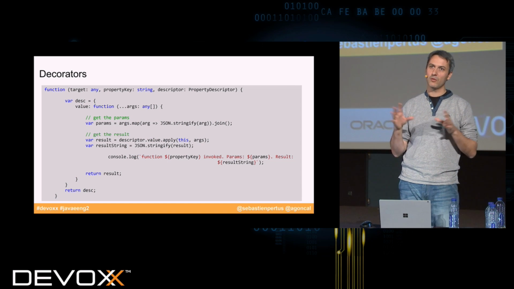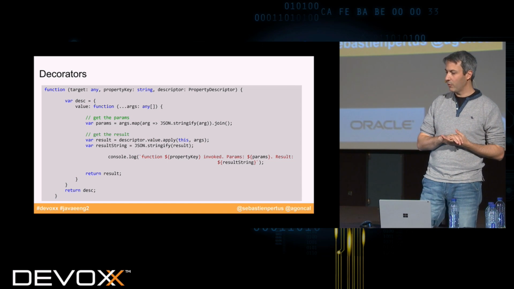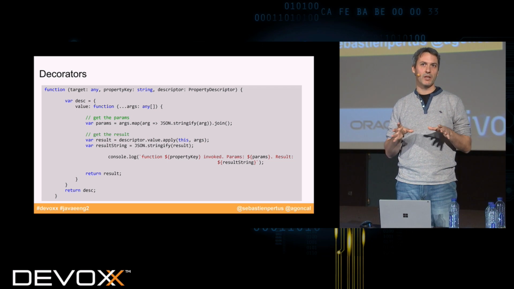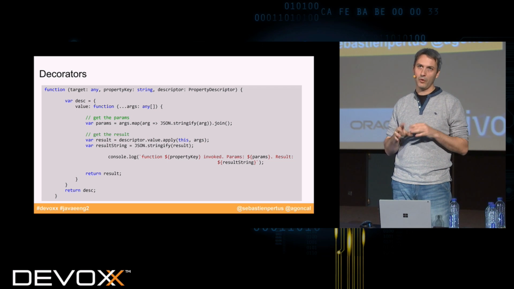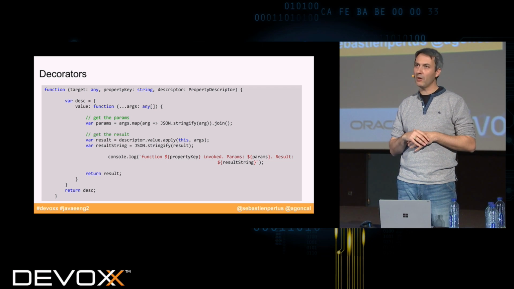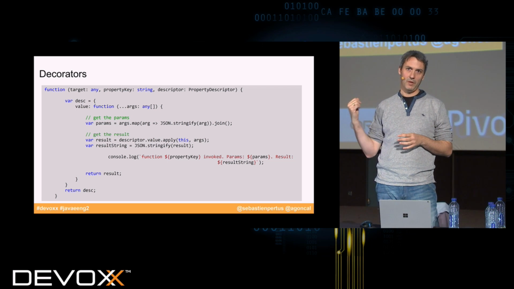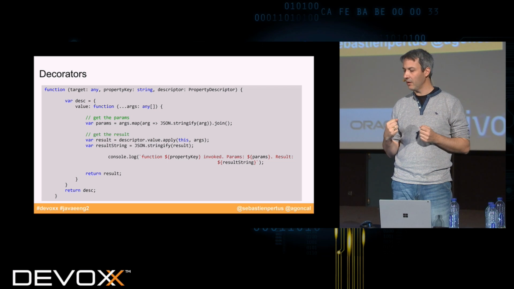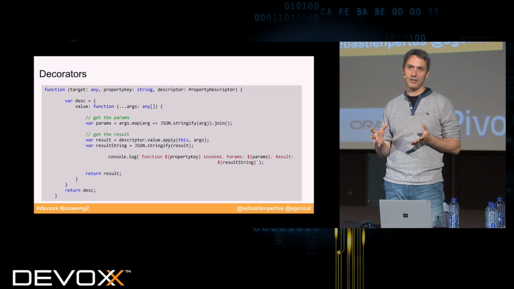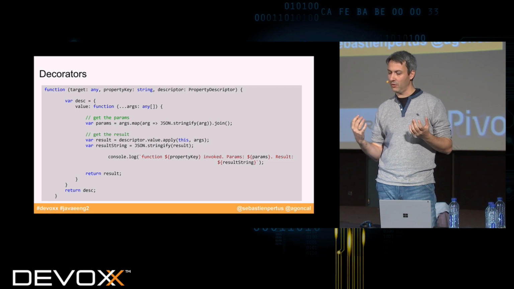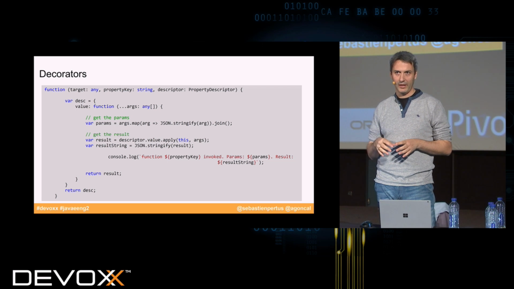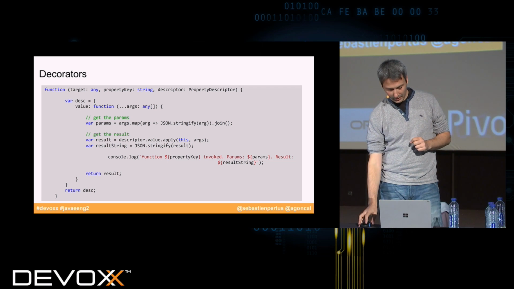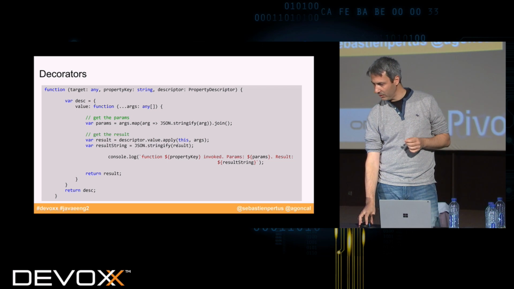Don't be afraid, it's not so weird. You have a function where the target is the object called, the property key is the function name, and the descriptor is the function itself. So in this method, as you can see, I just get the parameters, I stringify them, I get the result of the function, and then put them on the console. Very straightforward. And Angular uses it a lot.